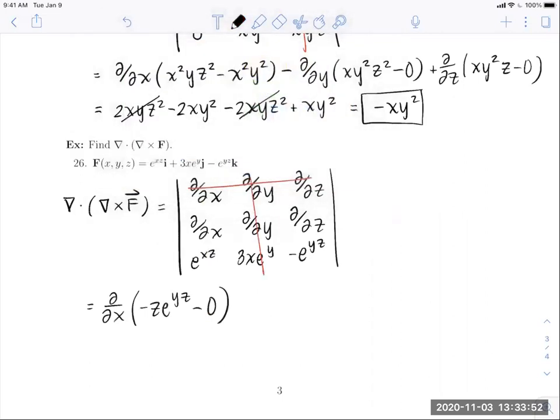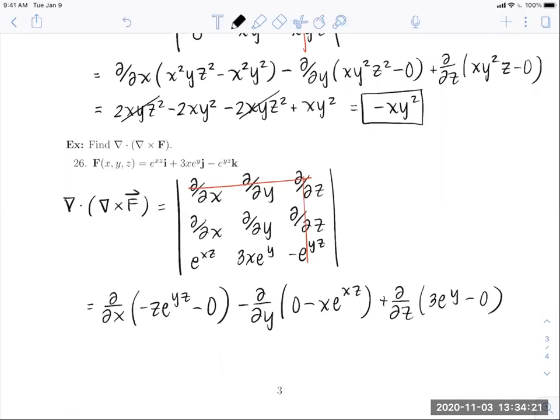So I'm going to take now minus partial y of. All right, let's compute the determinant. I get 0 minus x e to the xz. And finally, plus partial z of. Strike through the appropriate column here. And what I'm getting is 3e to the y minus 0.